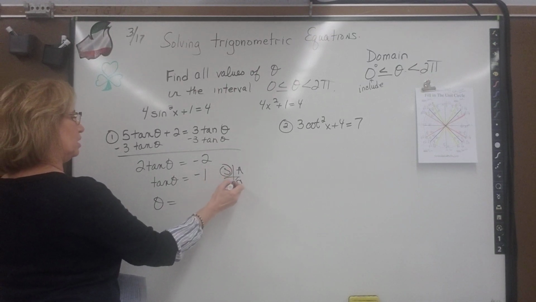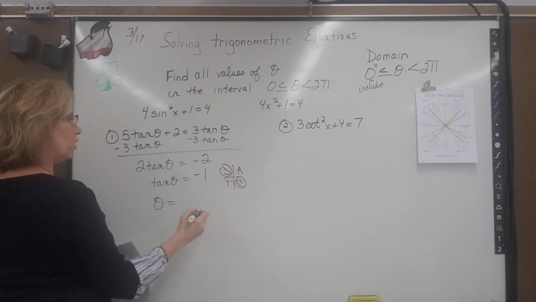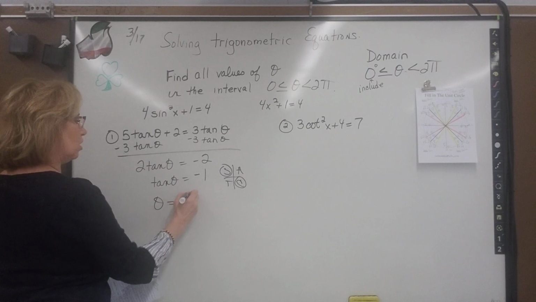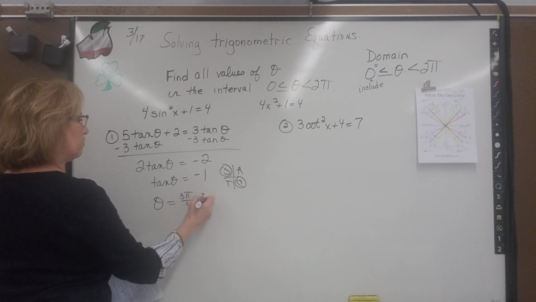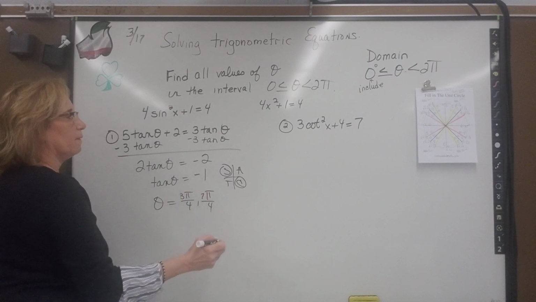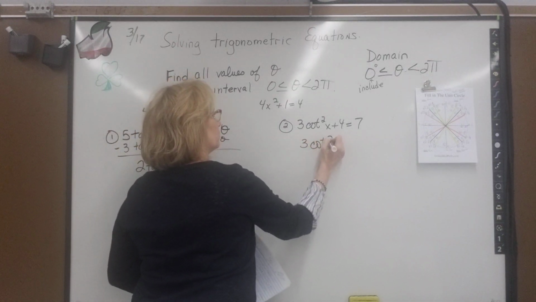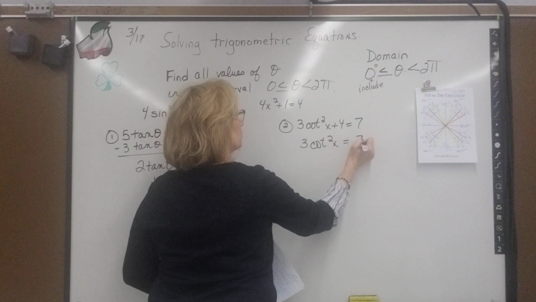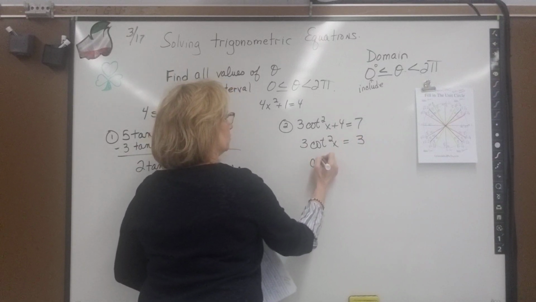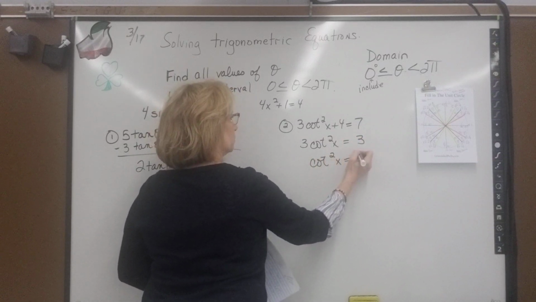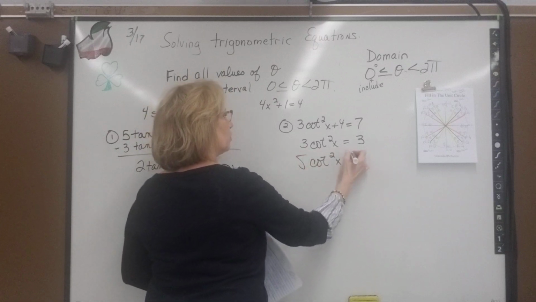Negative here and here, so it's pi over 4, so it is 3 pi over 4 and 7 pi over 4. And cotangent. Square root.